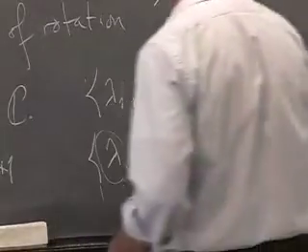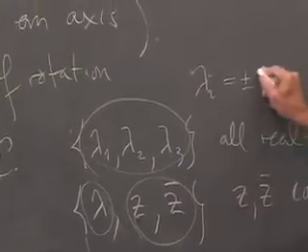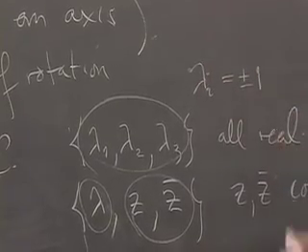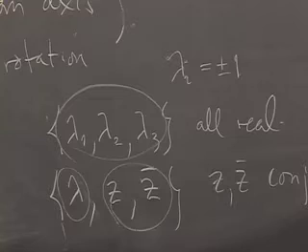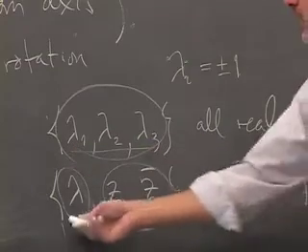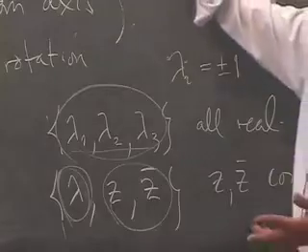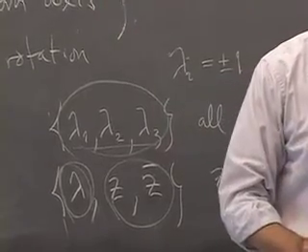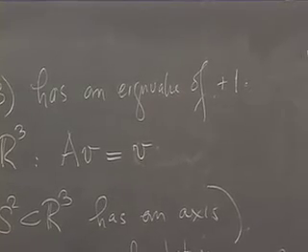Over here, we have three things which are all plus or minus 1, and the product of them is 1. So they can't all be minus 1. Agreed? So therefore, in this case, at least one of them has to be plus 1. In this case, this one has to be plus 1. Therefore, we have an eigenvalue of plus 1. Therefore, we have a vector that's fixed. Very cool argument. Euler didn't have the fundamental theorem of algebra to play with, but he figured this out.